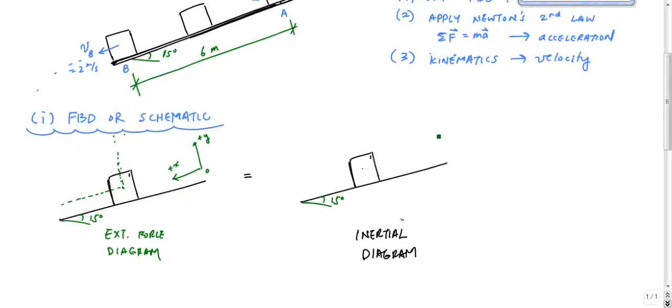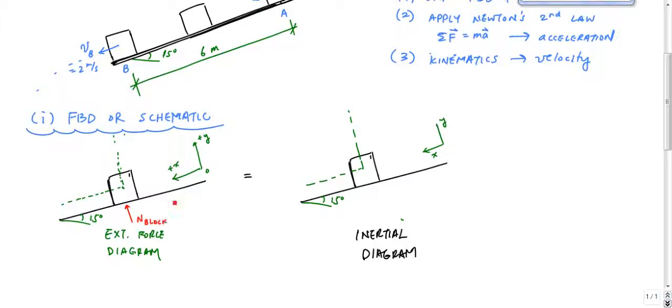The same thing here: we keep the same x and same y, so this plus x direction and this plus y direction will be consistent on the particle. Now let's start with the external forces. I have a normal force on the block.